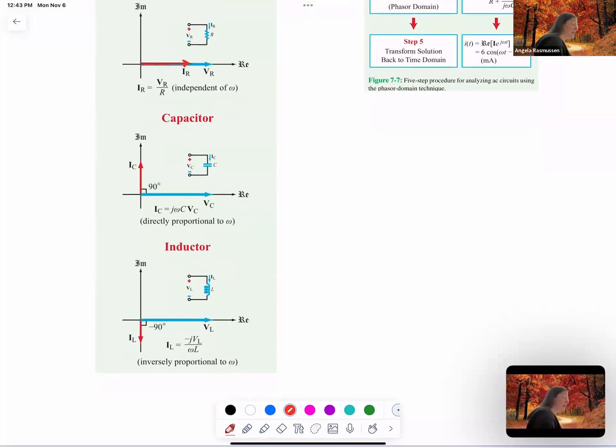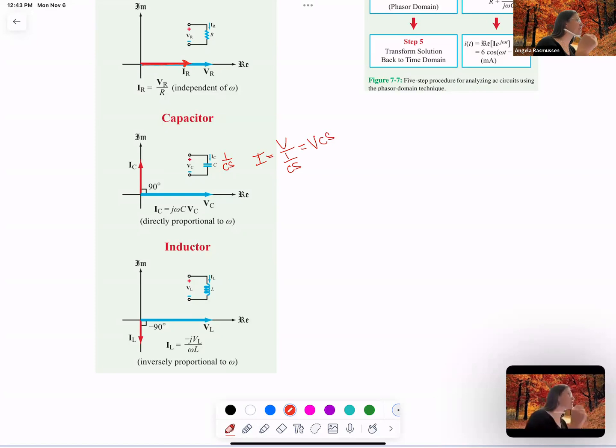For a capacitor, we had 1 over CS, and your current is equal to your voltage divided by 1 over CS. So it ends up being VCS.